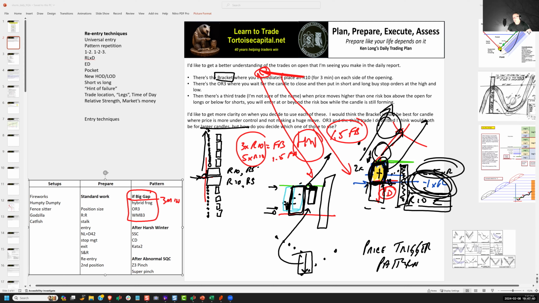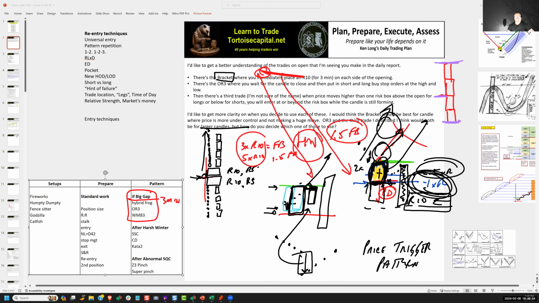This move is half a range stat, essentially. So if I had the open, so think about it this way, if I go half a range stat and half a range stat, half a range stat, and half a range stat, those are my 2 outer limits of the moves as measured from the open.